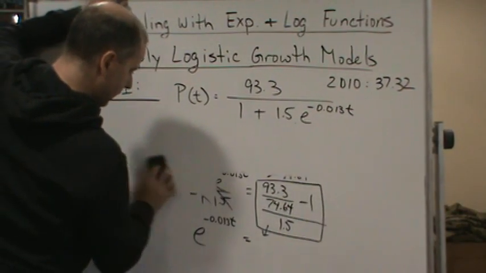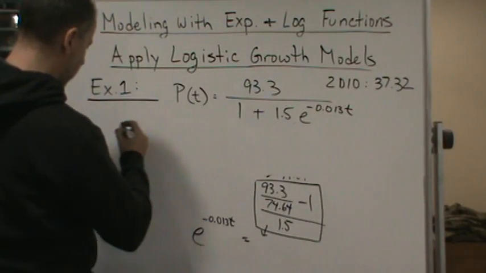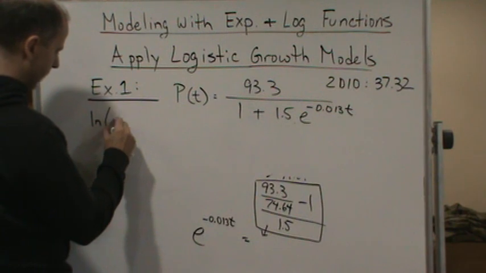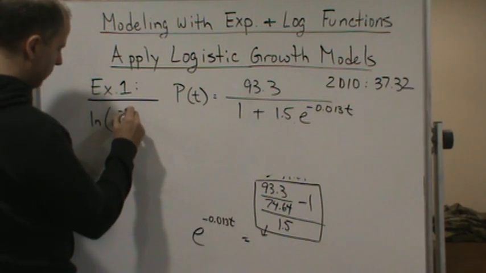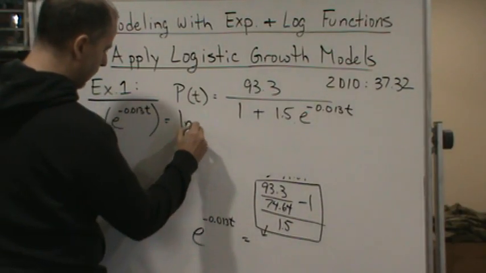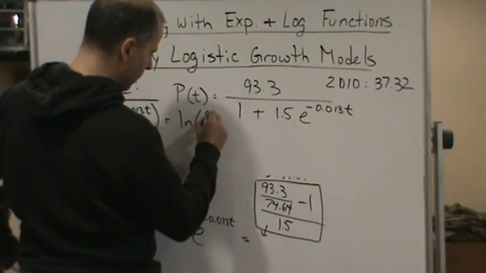Let me just write it here. So I've got this. Now I'm going to take the natural log of both sides. So I'm going to take the natural log of e to the negative 0.013t, which is equal to the natural log of this entire thing. So I'm going to write it out.